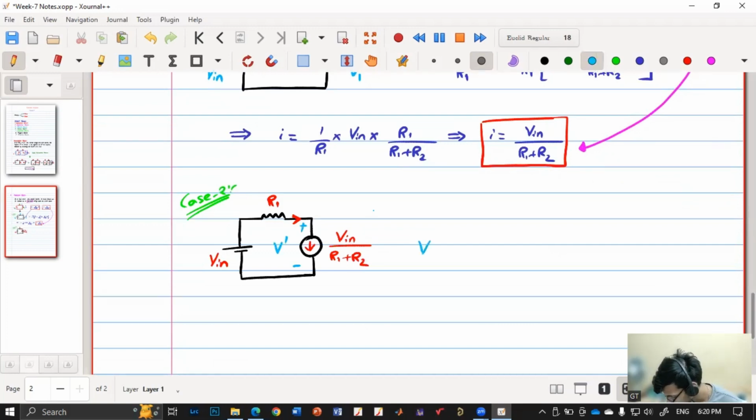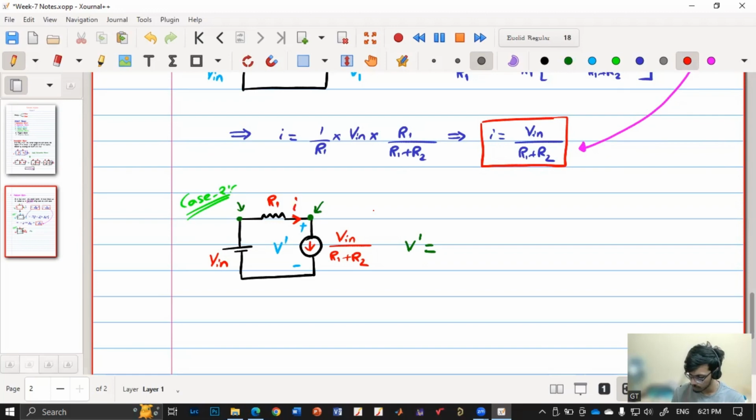Can anyone tell me what is the expression of V dash? Because I know the current through R1 and I know the potential here, this minus the potential difference across R1 will give me this potential. So what is the expression? I know this current I, which is V in by R1 plus R2.